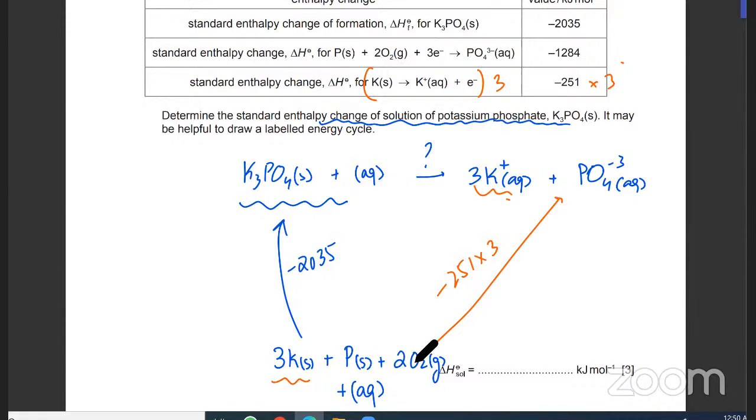They're gaining those 3 electrons to form PO4 3-. So that's minus 1284. So I've connected these two in the same path. So that's my cycle that's complete now. Is that clear? So that is what my path is.